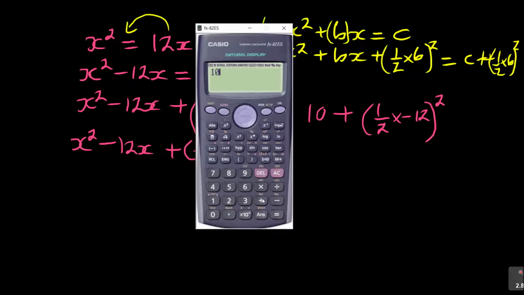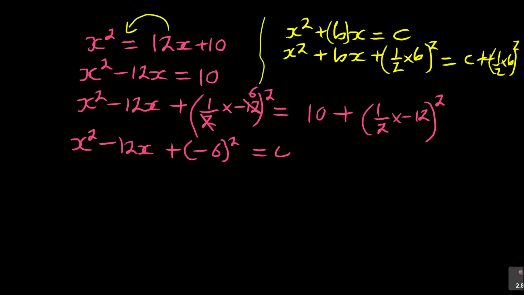Then you can say 10 plus bracket 1 over 2 times negative 12, and then squared. That you can simplify, and then you get 46. You can simplify this, it's not a problem. But on the other side, do not simplify, because you are interested in this square. You see that square and that square?